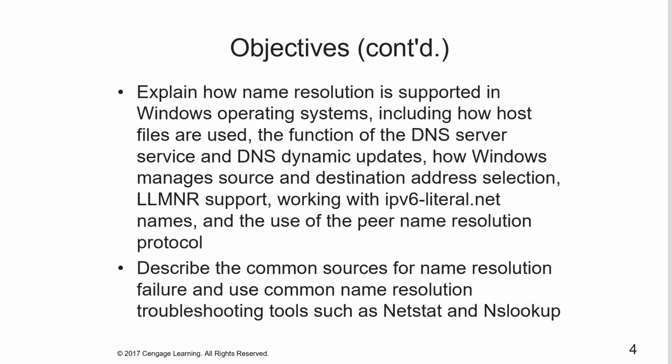We're also going to talk about how name resolution is supported in Windows and how host files are used, the function of the DNS Server service and DNS dynamic updates, how Windows manages source and destination address selection, LLMNR support, working with IPv6 literal.net names, and the use of Peer Name Resolution Protocol. We're also going to describe the common sources for name resolution failure and use common name resolution troubleshooting tools such as Netstat and Nslookup.